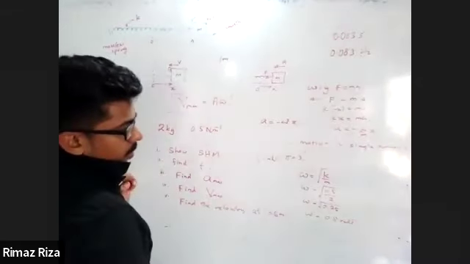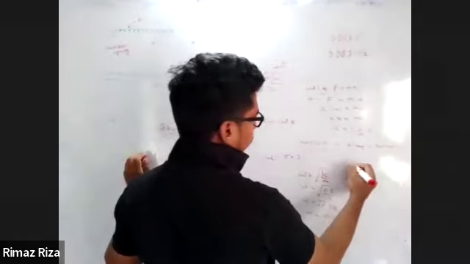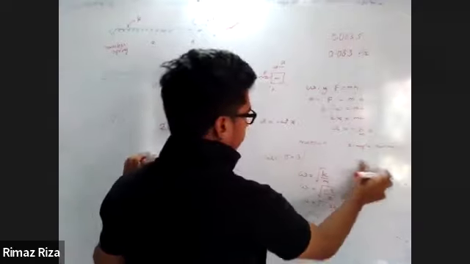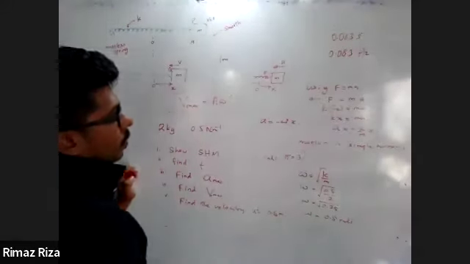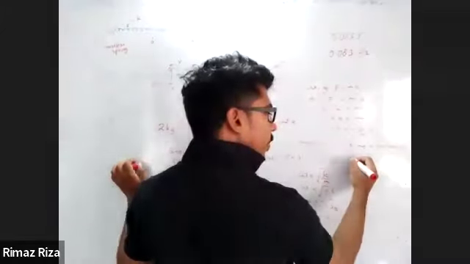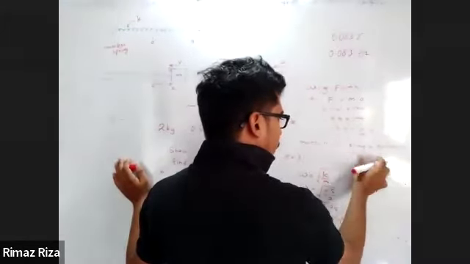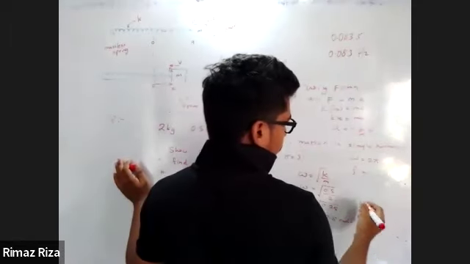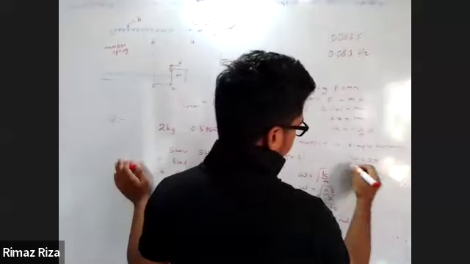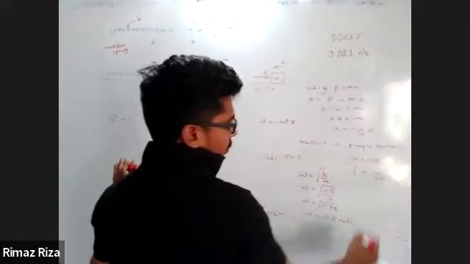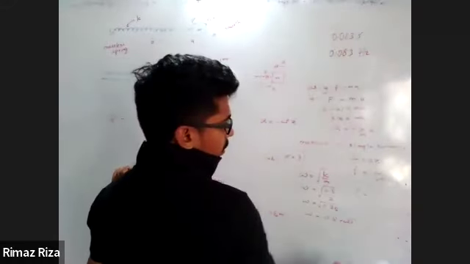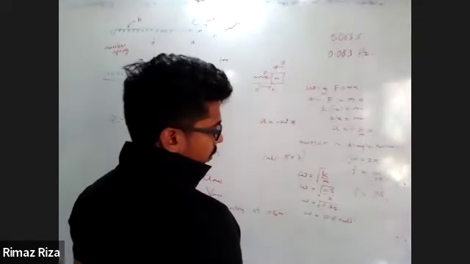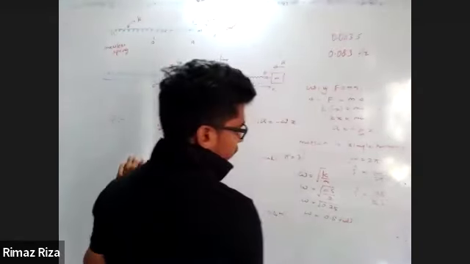Then the frequency: omega equals 2 pi f, so f equals omega over 2 pi. Therefore f equals omega, which is 0.5, divided by 2 times 3.